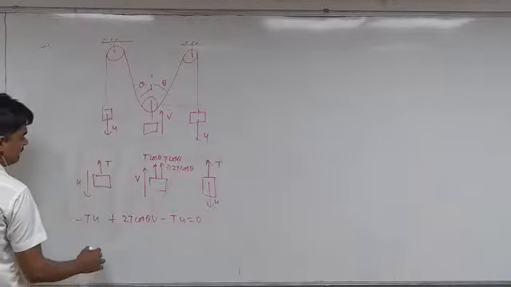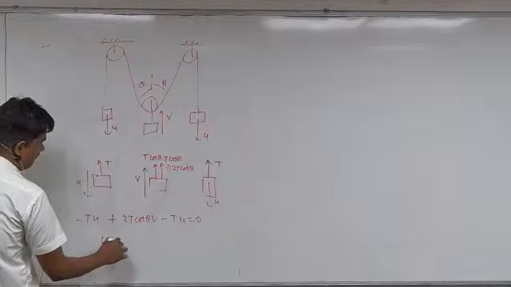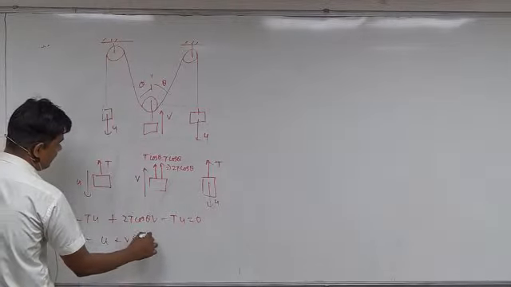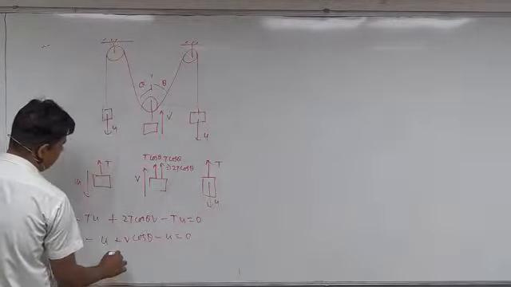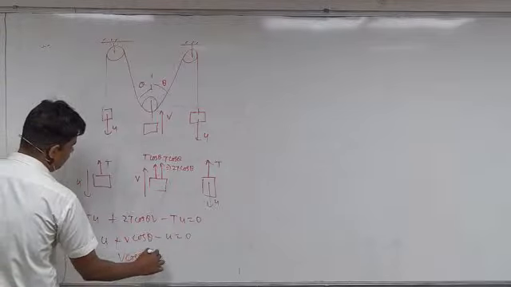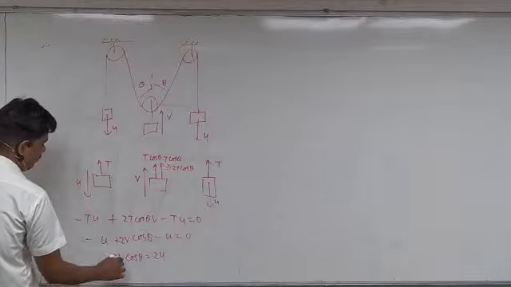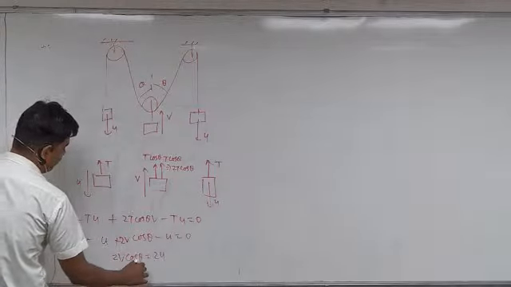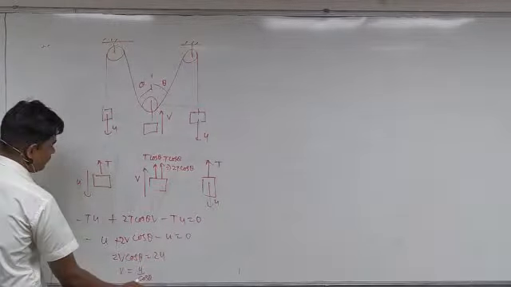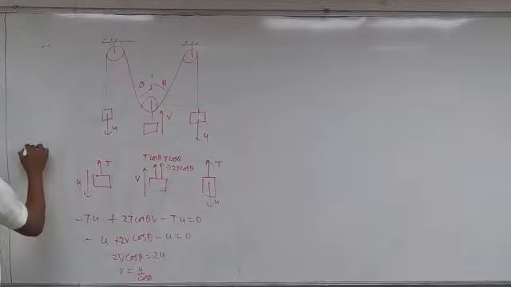And you will get V cos theta minus u equals to 0, so 2V cos theta equals to 2u. So we will get V equals to u by cos theta. This is by tension method.